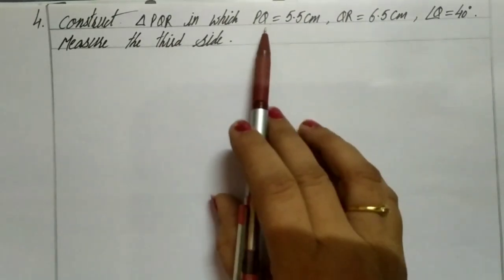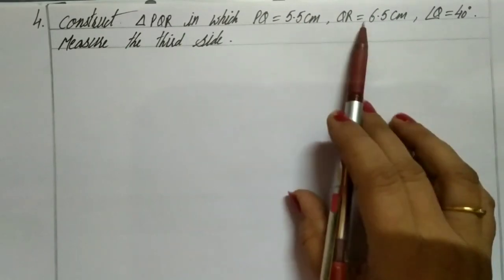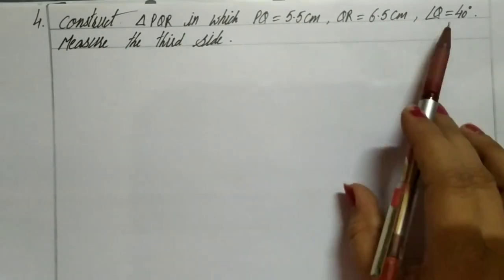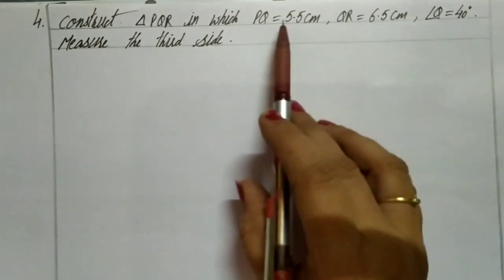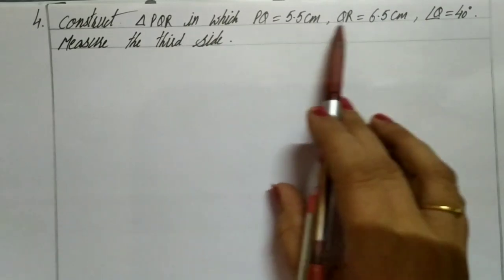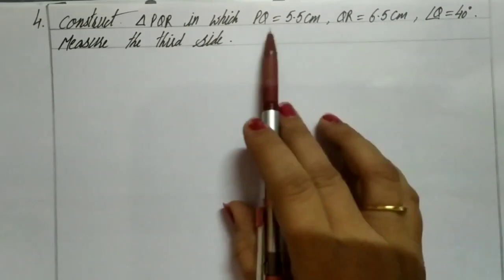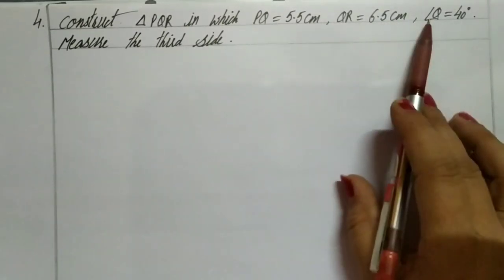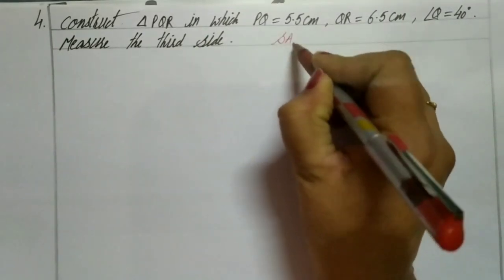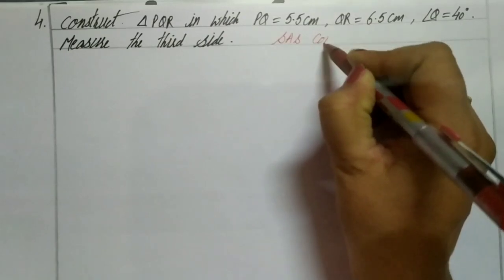Here what criteria is to be used? Here we have to use SAS, side, angle, side, because PQ and QR, the common point between these two sides is Q, and angle Q is already given. So this is SAS triangle construction.